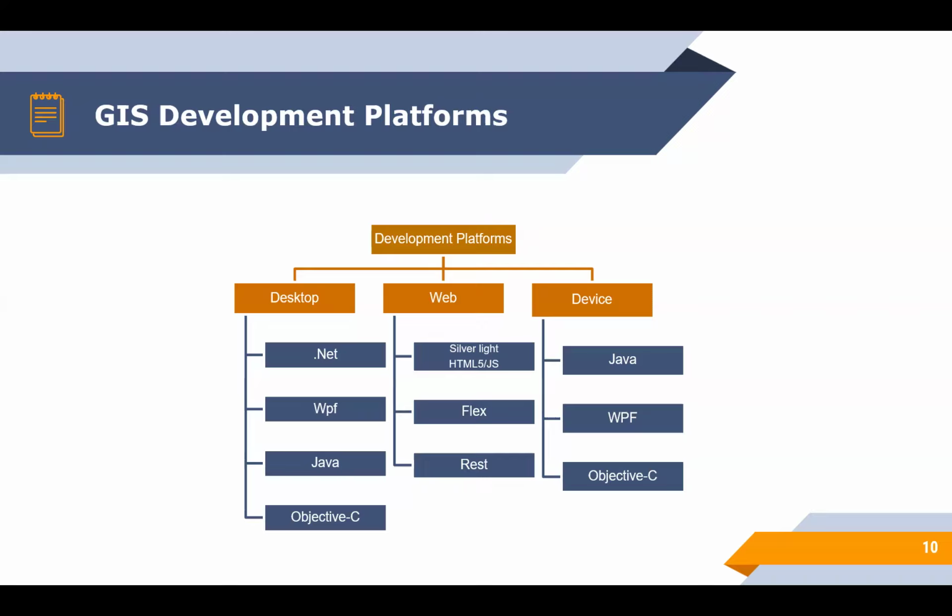If you want to go into desktop development, these are the different technologies: we can use .NET, WPF, Java, and Objective-C. Those languages or platforms are used to develop desktop-based applications. For web-based applications, the most important things are HTML5, CSS3, and JavaScript.